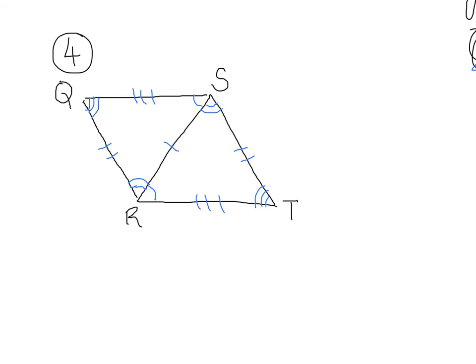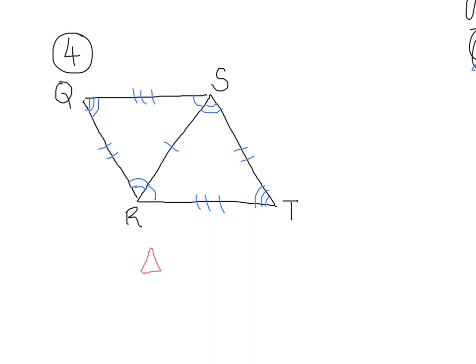So here's the last example, and here's the picture of the two triangles. We have 4 vertices that are labeled, a Q, an R, an S, and a T. So I'd like you to write that congruence statement that we started with the other one.